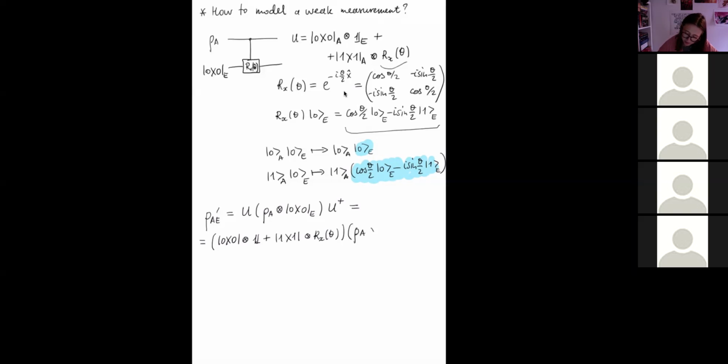Then we have rho A tensor |0><0|. And the last one is U dagger, which is |0><0| tensor product identity, because the Hermitian conjugate of |0><0| is |0><0| and the Hermitian conjugate of the identity is identity, plus |1><1| tensor product Rx of theta dagger. Here we have to write out the dagger explicitly because Rx of theta is not a Hermitian operator, so it's not equal to its own Hermitian conjugate.